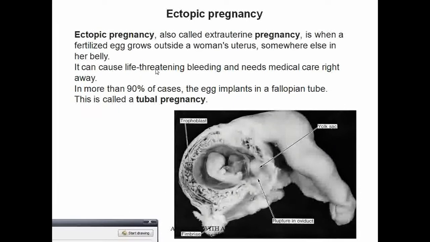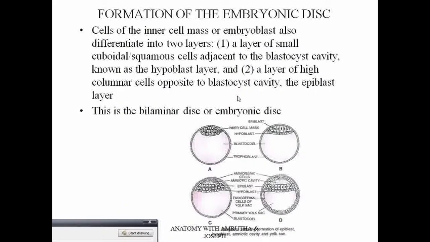This is life threatening because the lady will not know that the implantation occurred in the fallopian tube until the uterine tube ruptures and the contents flow into the peritoneum. That is a risky condition. So it is very important that the initial scanning is done on time, so that you can understand whether the implantation has occurred in the uterus.